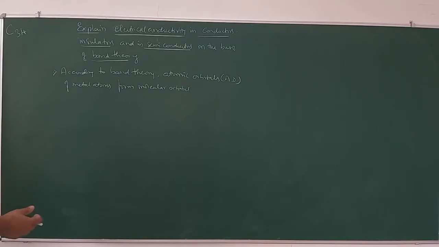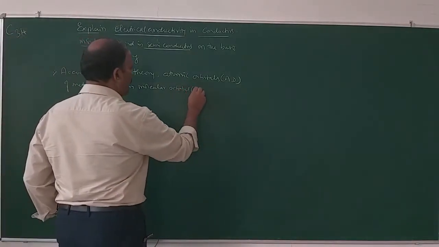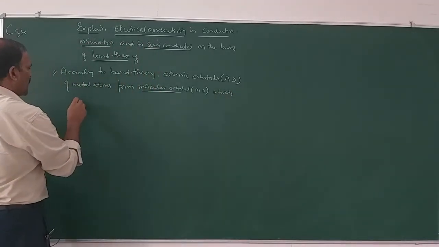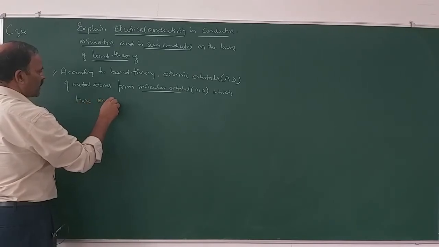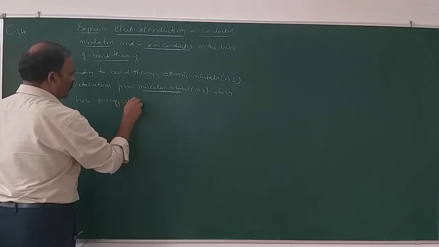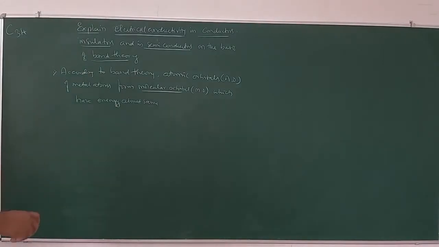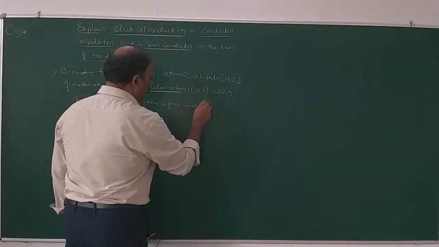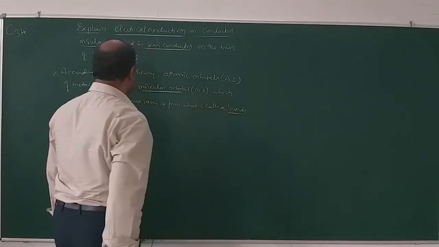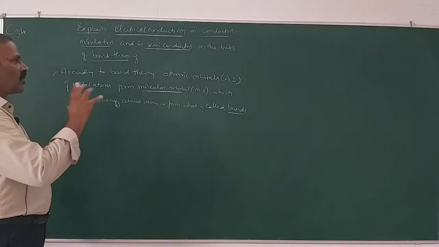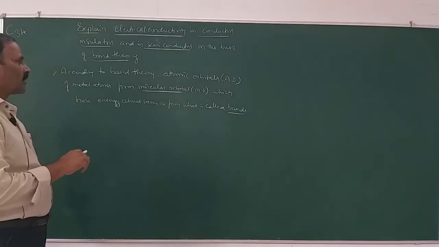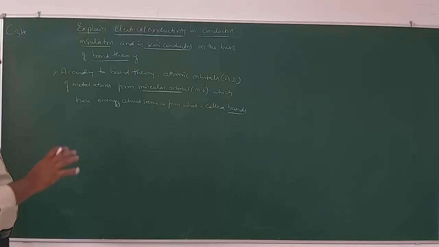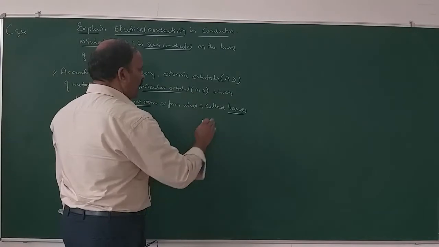All the atomic orbitals of all the metal atoms combine to form molecular orbitals whose energy is almost the same, very close, and they form what is called bands.